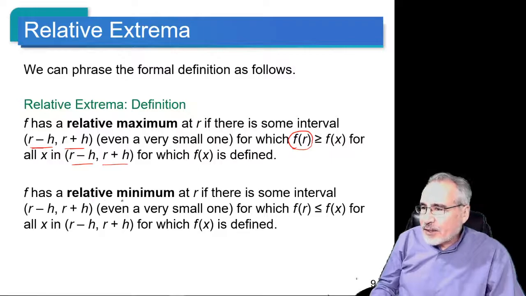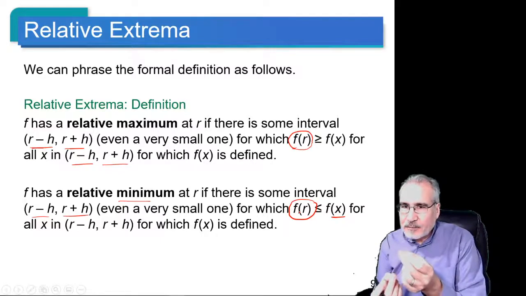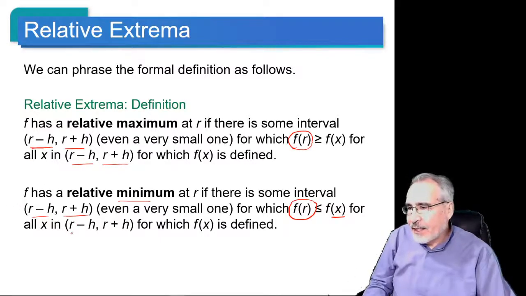Same thing happens with the minimums. We can go a little bit to the left, a little bit to the right. The difference is that the y value is the smallest of all the other folks in the neighborhood. Okay, the y value of everything else is larger than that last little valley, the bottom of the valley. And again, just some mathematical notation. Here's our interval.